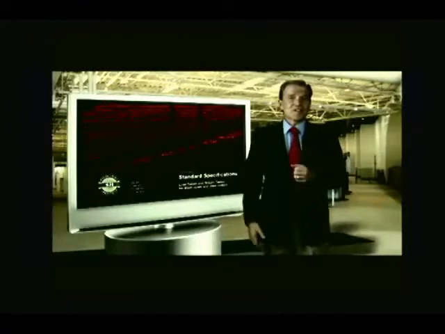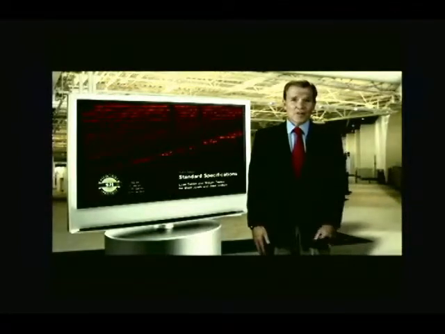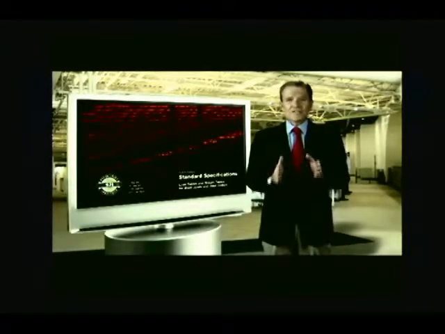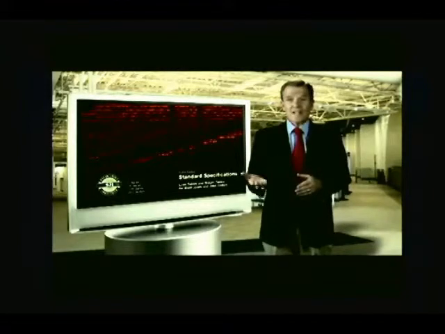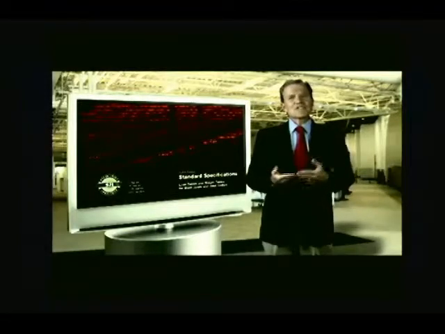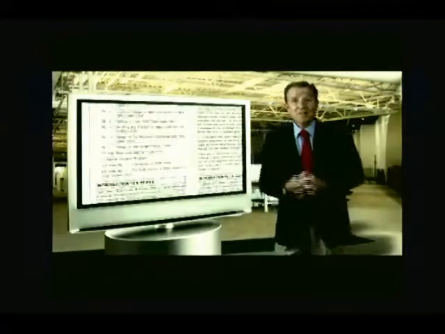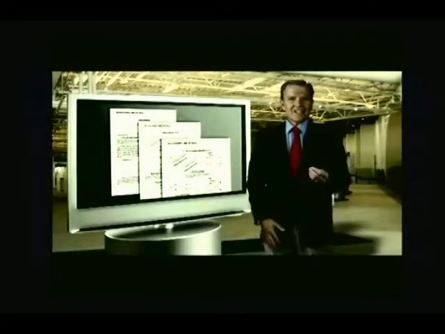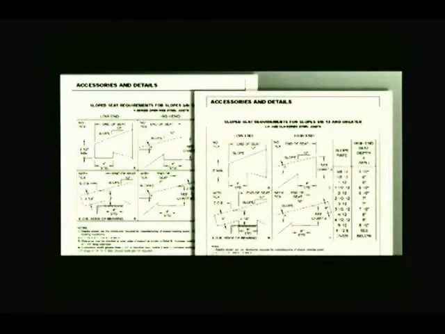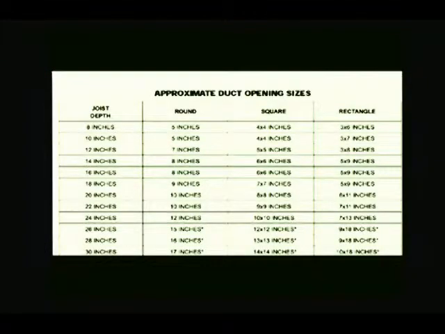The standard specification, a handbook for the product, not only includes the specification, load and weight tables, but also includes several other helpful items to quickly aid the specifying professional. The handbook begins with an introduction to K, LH series joists and joist girders. It lists accessories and details slope, seat depth requirements and duct opening sizes.